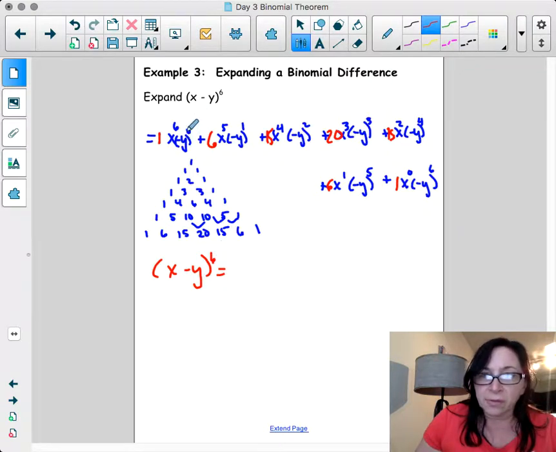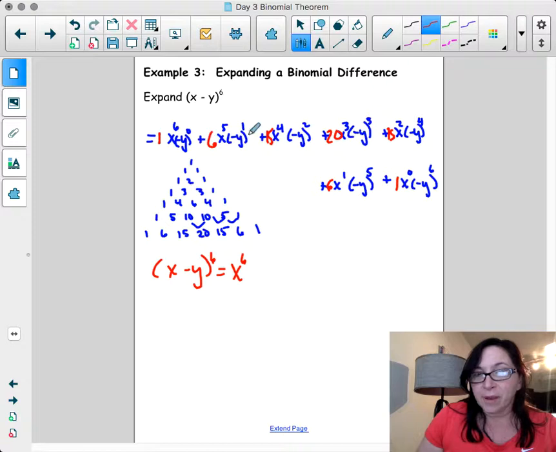So when I write my expansion for x minus y to the 6th power, I'm going to get, anything to the 0 power is 1, so I'm going to get x to the 6th. Now, a negative times the positive, of course, is minus.